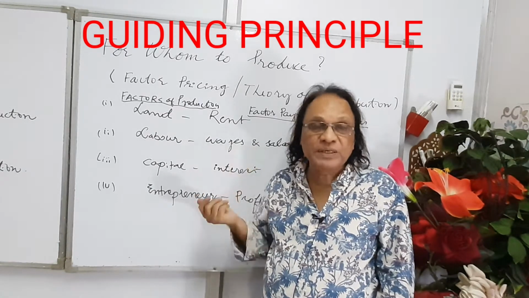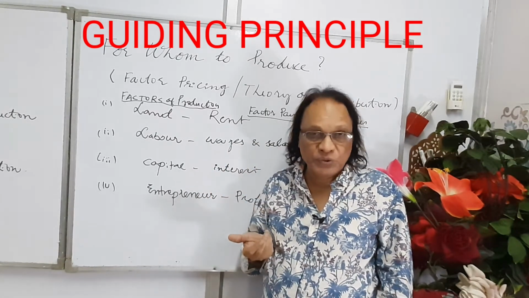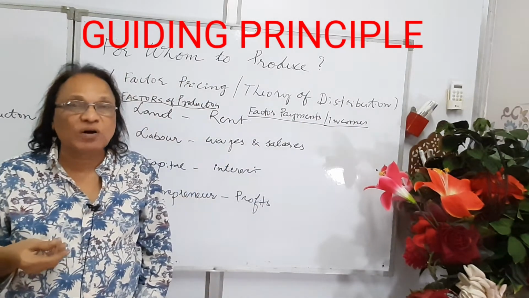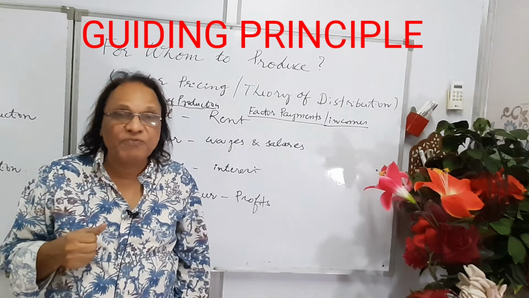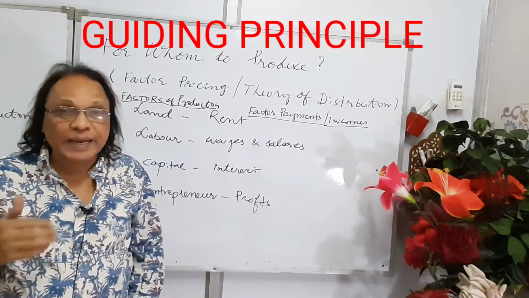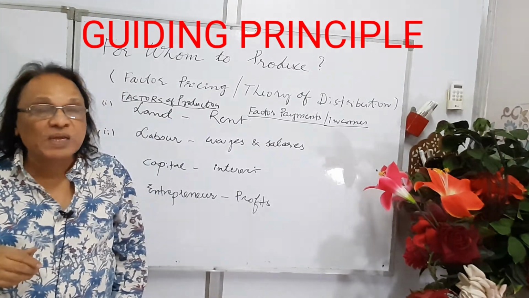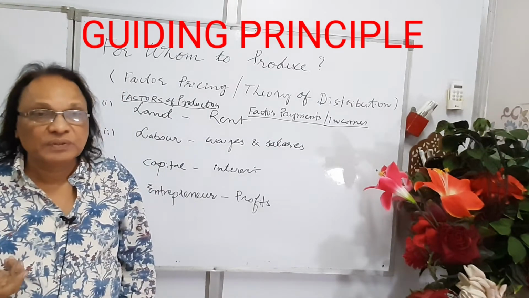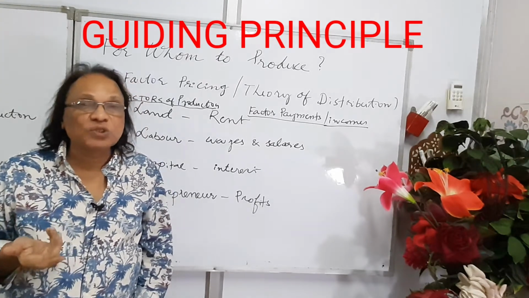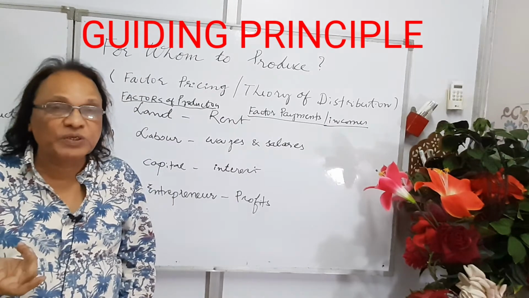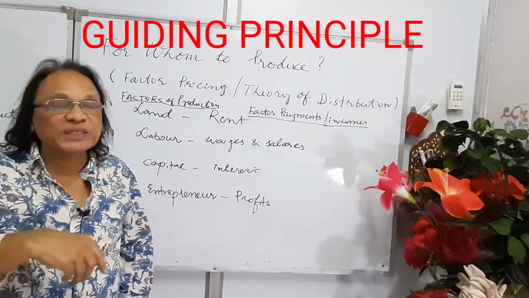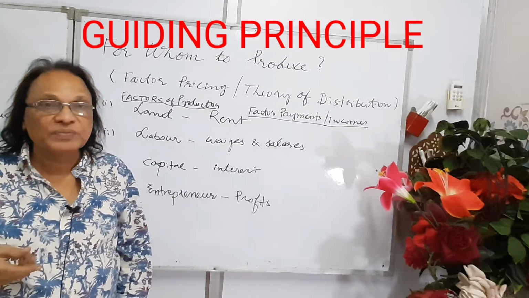So now I sum it up, the whole thing, for whom to produce. For whom to produce basically deals with the distribution of national income among the four factors of production, that is land, labor, capital and entrepreneurship, because they have a share in it, in terms of rent to land, wages and salaries to labor, interest to the capital and profits to the entrepreneurship, because they help in producing the national product or national income.